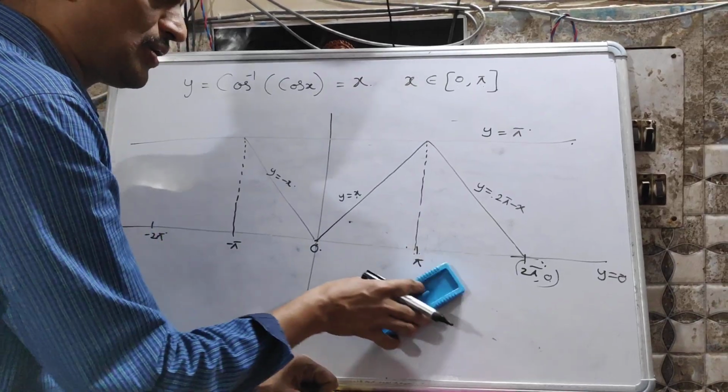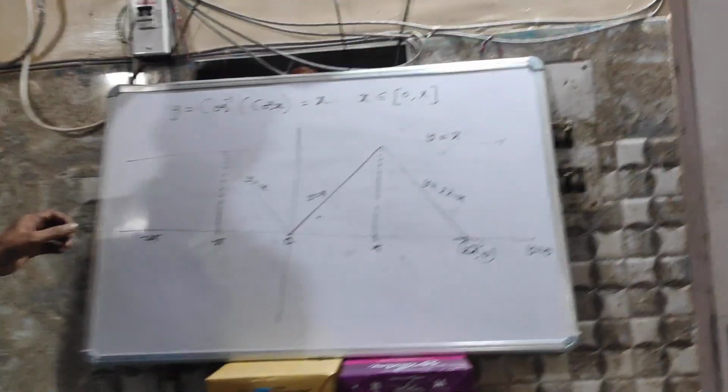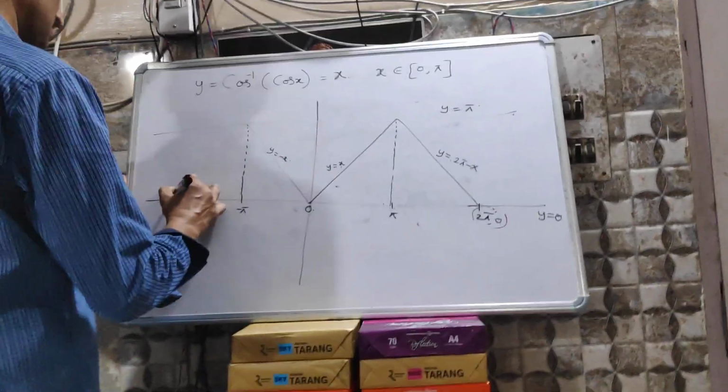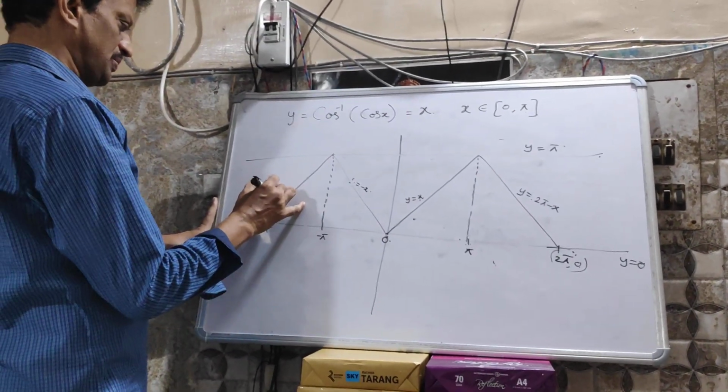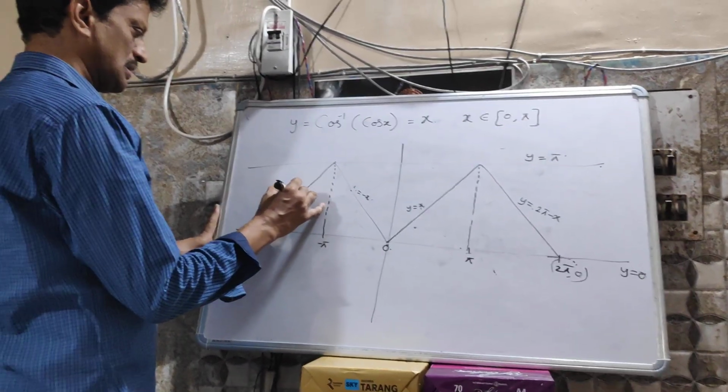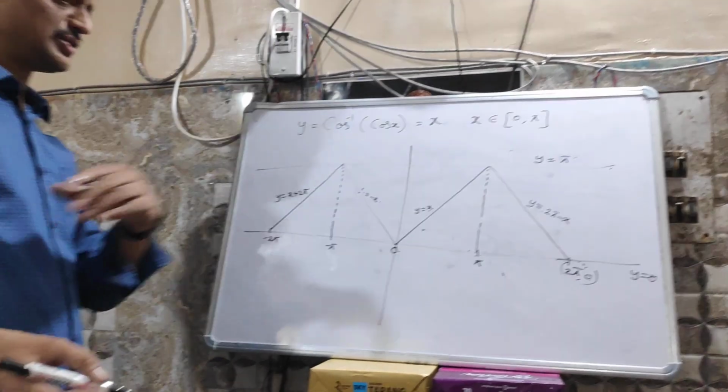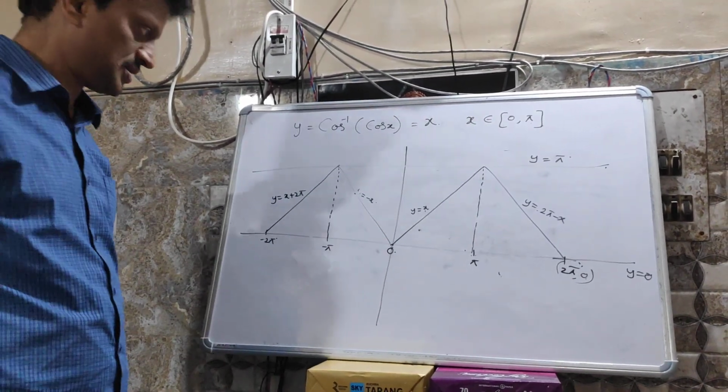Like this you can find all other values. And this one, if you want, is y equal to x plus 2 pi. Like this you can plot the graph of cos inverse cos x.